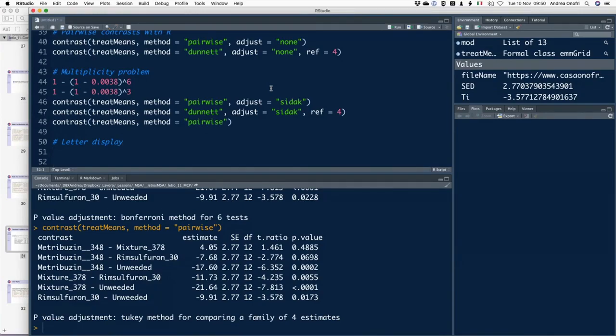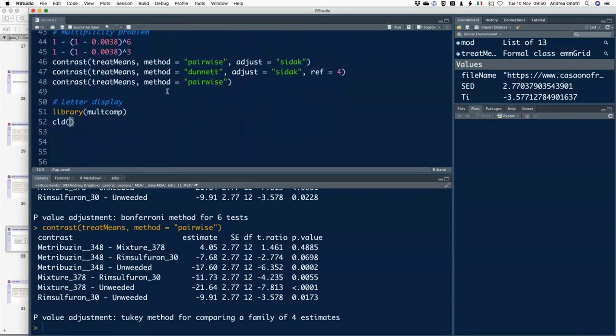We use the function, so we need to load the library multcomp and use the function cld, passing the means and saying that we want to use capital letters.